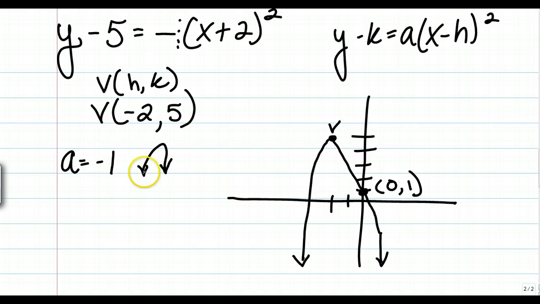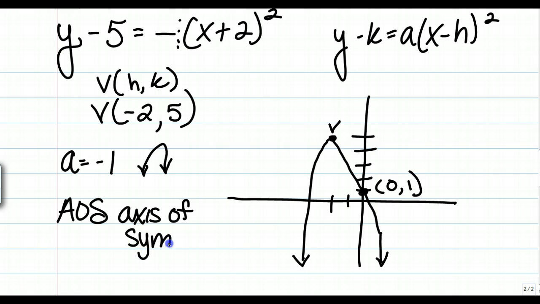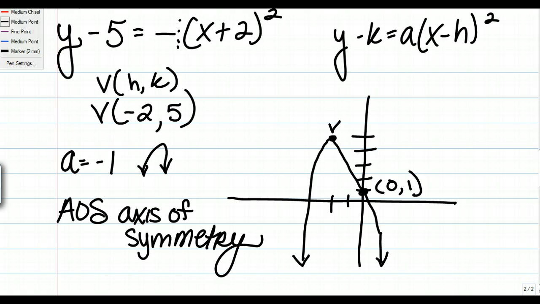We also have to find something called the axis of symmetry. The axis of symmetry is an imaginary line that goes through the vertex and cuts the parabola in half.